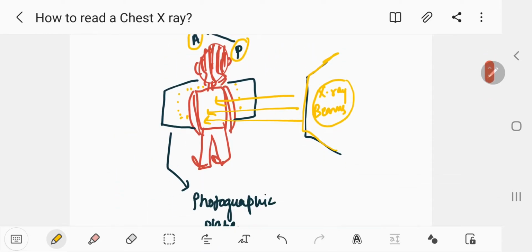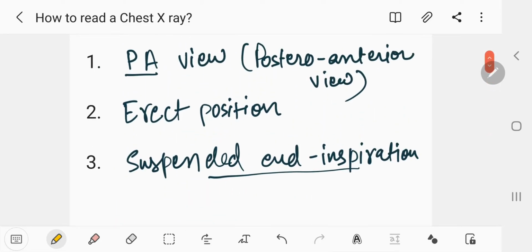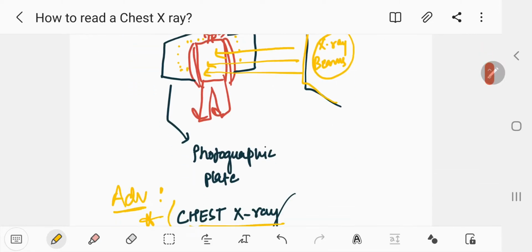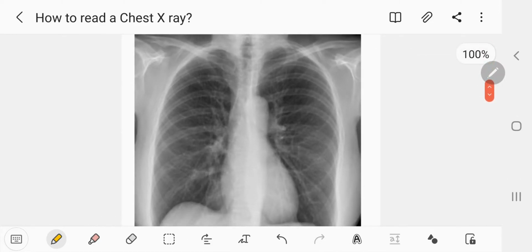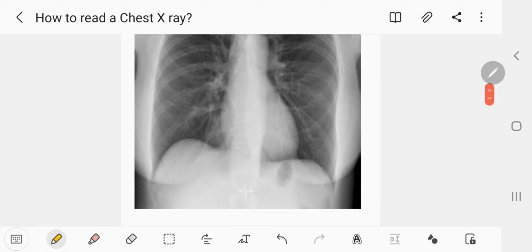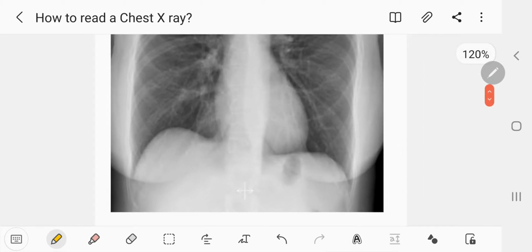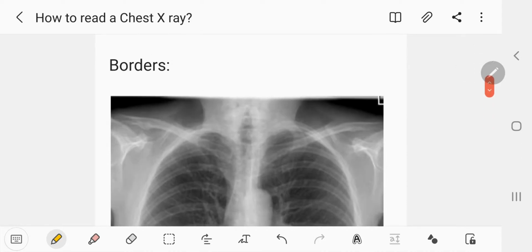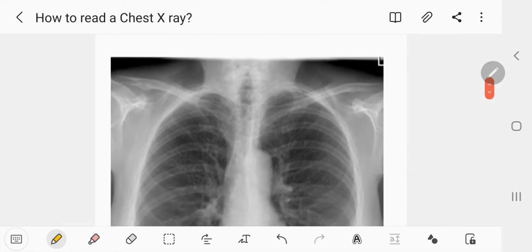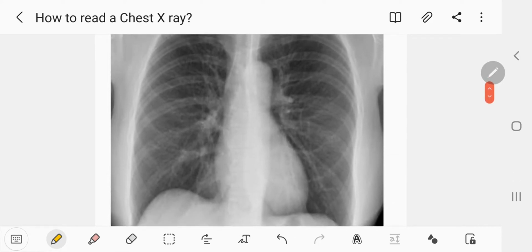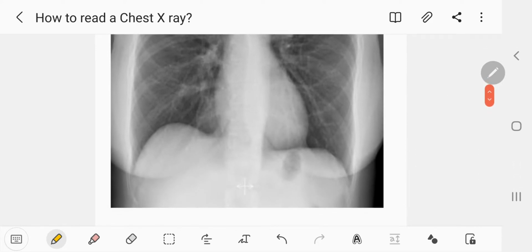Okay, so let's move forward as to why I said that this person has to be in suspended inspiration. If you can see, this is a normal chest x-ray of a normal lung. We are going to discuss the markings of a normal chest x-ray, but let me first tell you what happens during inspiration.